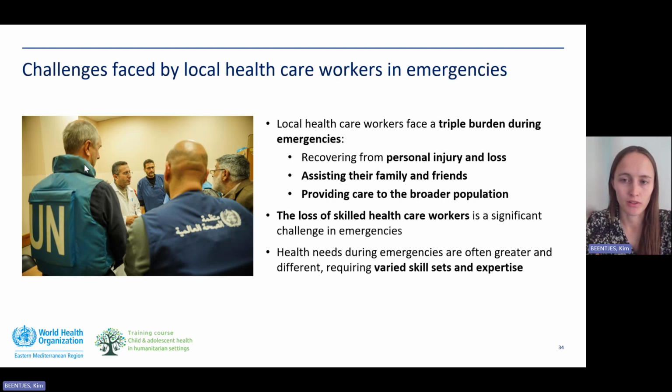They're often recovering from personal injury and loss while assisting their family and friends, and then also providing healthcare to the broader population. During emergencies, there's often loss of skilled healthcare workers, which is a challenge. And healthcare needs during emergencies are often greater and also different, which requires varied skill sets and expertise from healthcare workers.